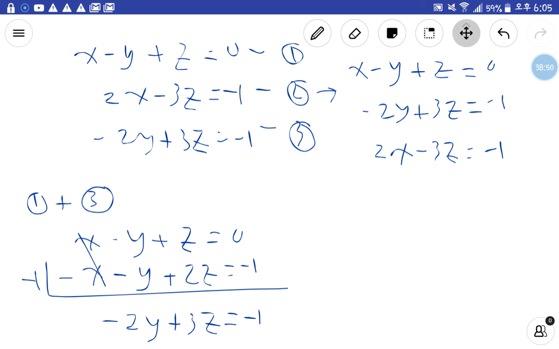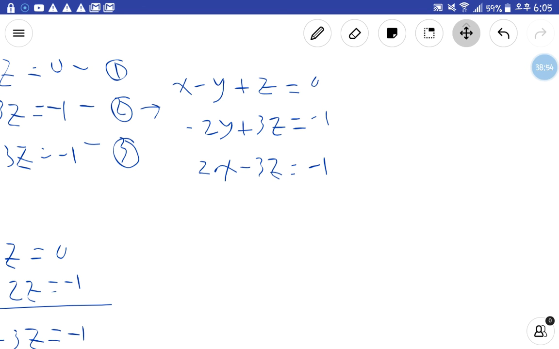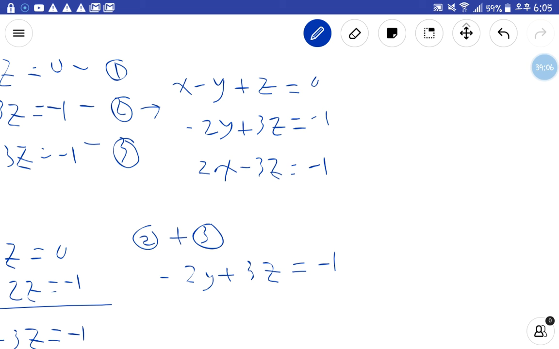Now I'm going to add the second and third, and replace into my third one. Negative 2y plus 3z equal negative 1, and 2x minus 3z equal negative 1.